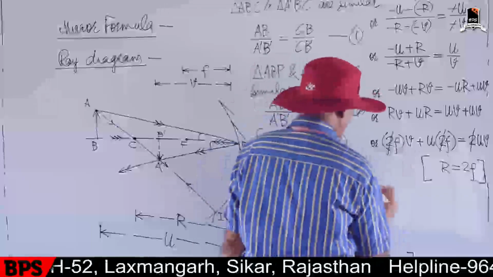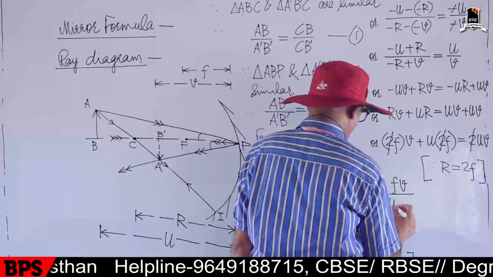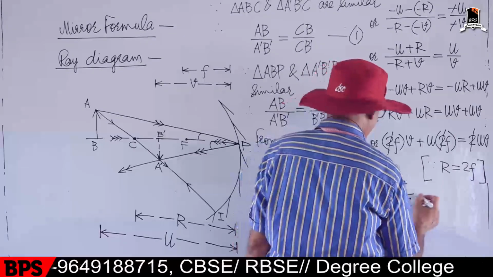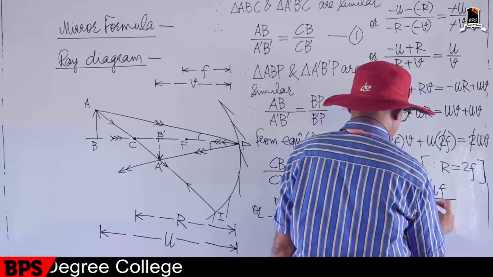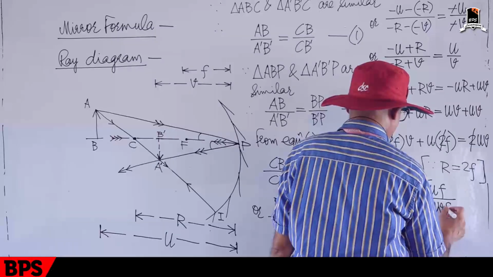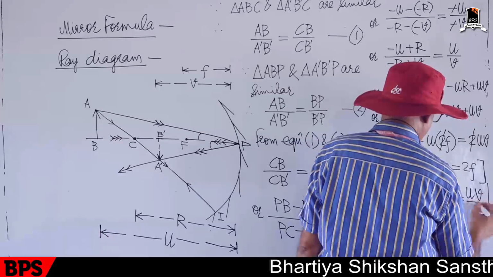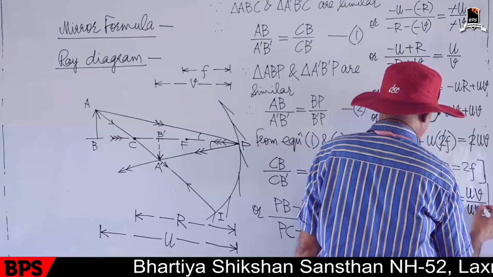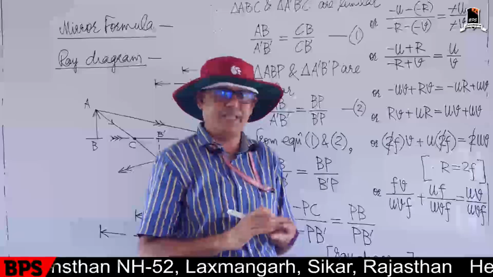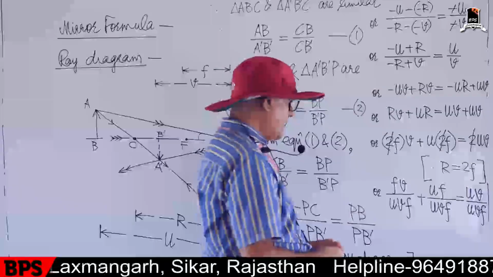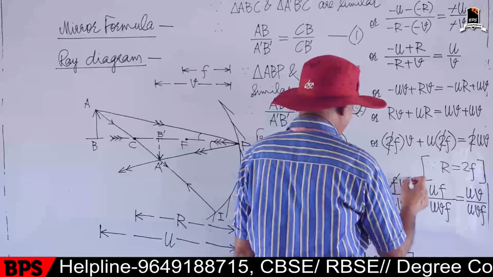So here you will get FV divided by UVF plus here is UF divided by UVF equal to here is UV divided by UVF again. So dividing this whole equation with UVF, we get this equation. Now cancel the terms which are same in numerator and denominator.